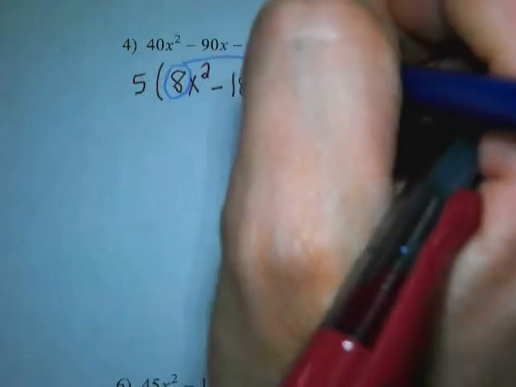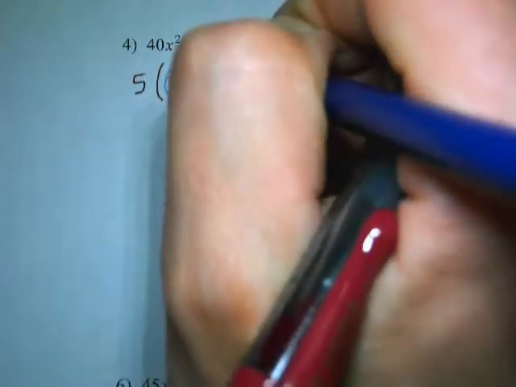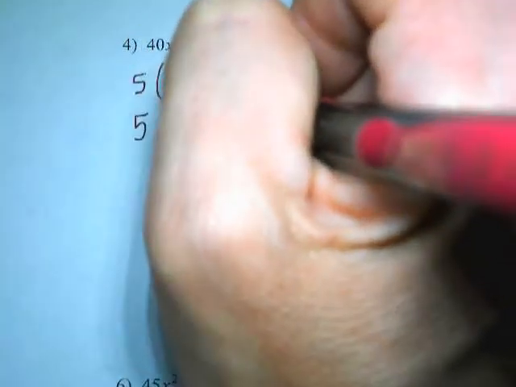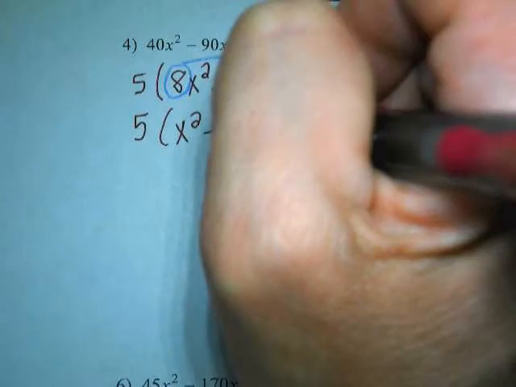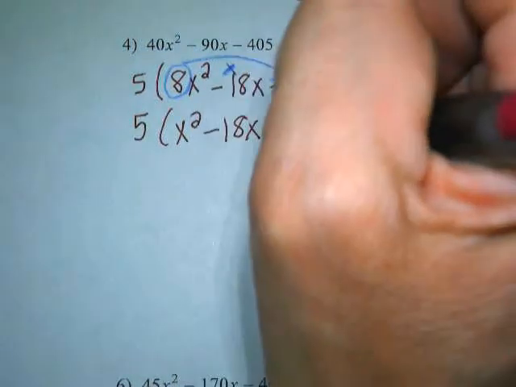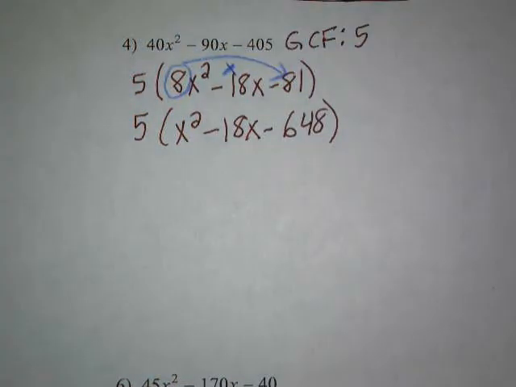Slide and multiply: 5 times x squared minus 18x minus 648. I told you, some of these are going to start to get ugly.